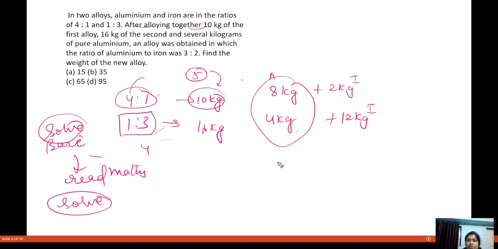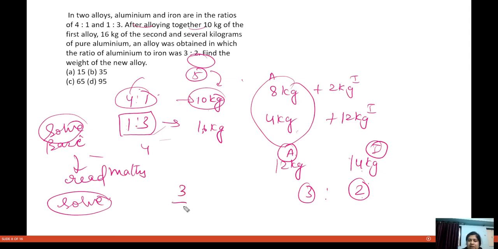So now we are obtaining 12 kg of aluminium and 14 kg of iron. Now it is saying convert this in the ratio 3 is to 2. So obviously this is 2, then 3 by 2 is equal to x by 14.